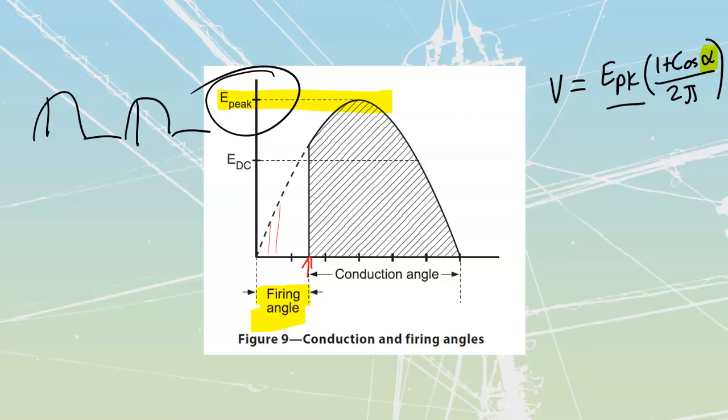They give you an example calculation for an AC value of 120 volts, but then they use an E peak of 170 volts.